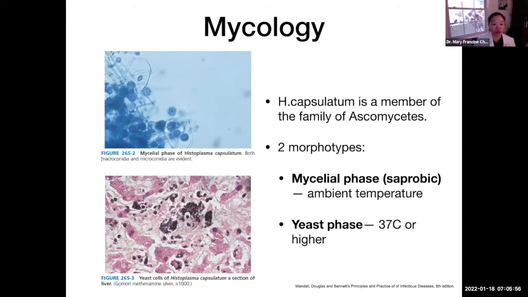Your mycelial phase, which is on the upper left side of that screen, is the one that thrives in ambient temperature. And then the yeast phase, the one on the bottom, is how it presents when it's 37 degrees, or essentially body temperature or higher.